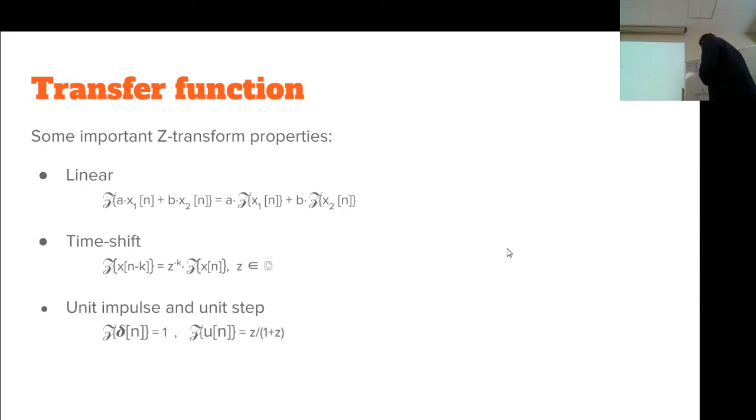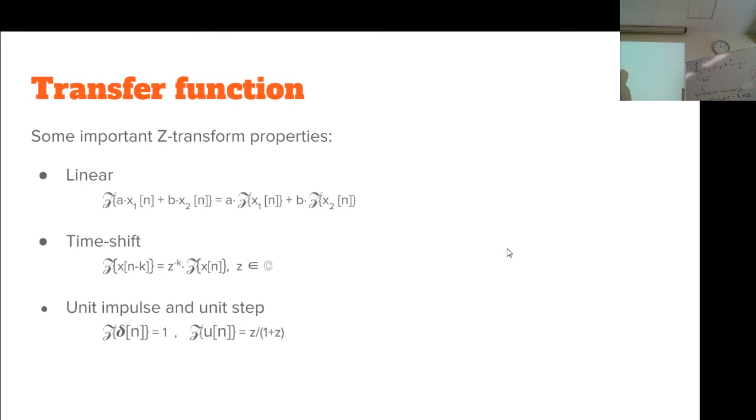Remember, earlier I said the delay is the same as marking with z to the minus 1. It comes from this one time step delay. And then the unit impulse.